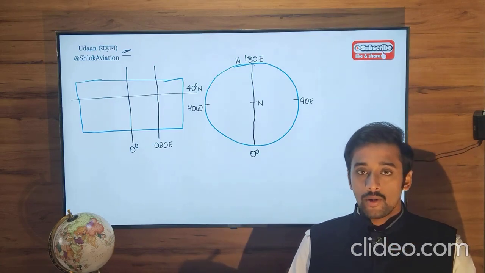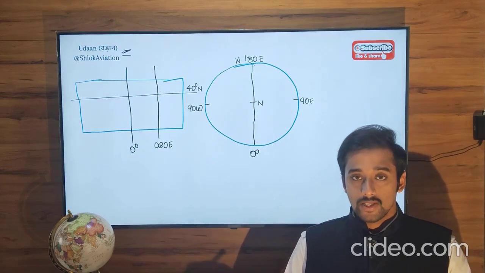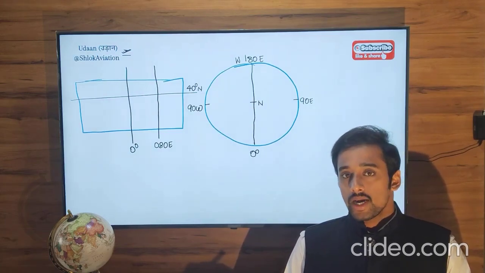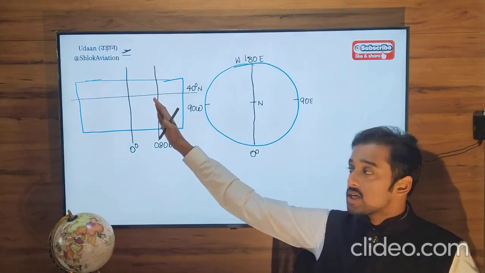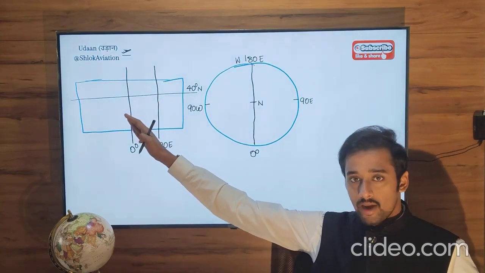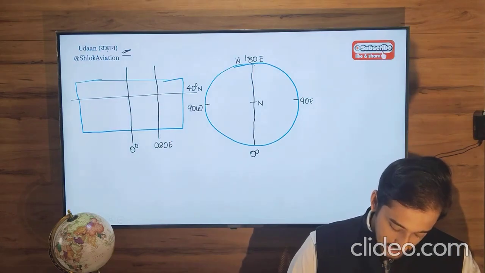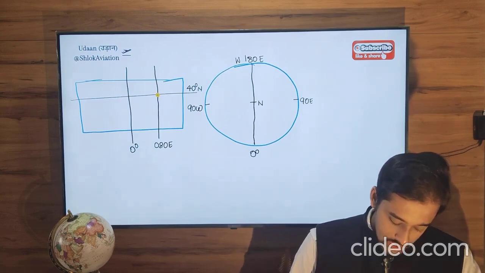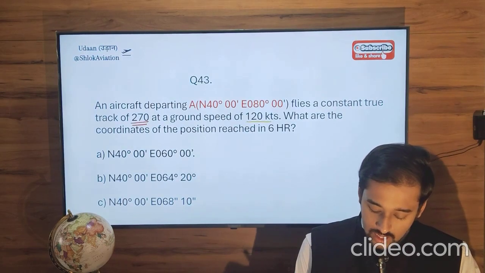Both locations will be on the same latitude because it is flying a fixed direction of 270, which means it is flying a rhumb line track. And all latitudes are rhumb lines, therefore the location of initial, that is your departure, and whatever your destination might be will be the same latitude. So 40 north, 80 east is the initial location. Speed is given, time is given.